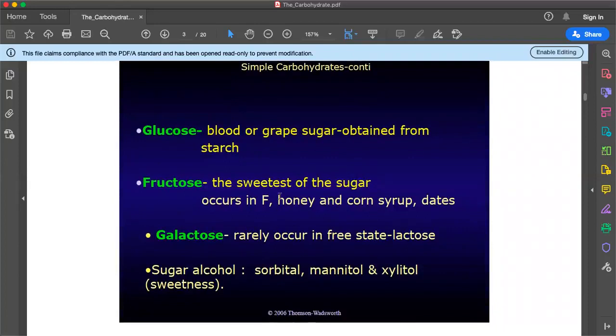So these are going to be our main focus. Besides, the monosaccharides also serve as building blocks for larger carbohydrates such as disaccharides, oligosaccharides, and polysaccharides, or starches and fibers.